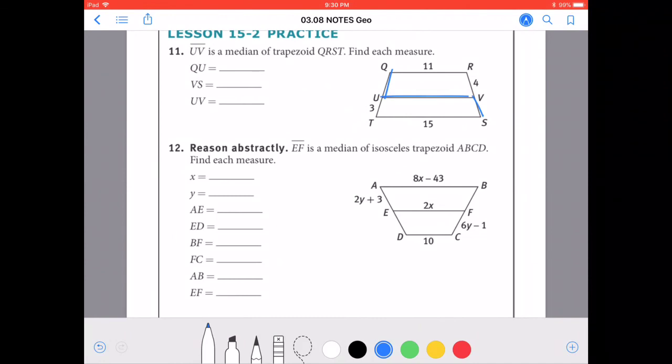And then 12, I'm going to step it up, and I'm going to give you some stuff with expressions in it. Make sure you notice that we say an isosceles trapezoid here, so we can use that to figure out x and y, and then use that to figure out what all of our sides and line segments in this diagram are. So good luck on the homework.